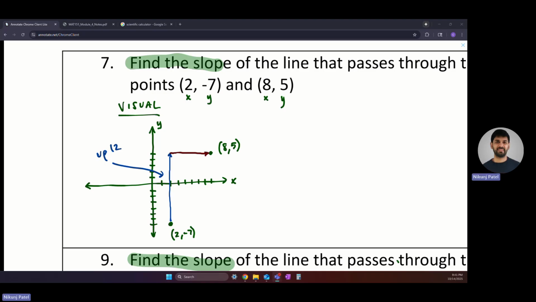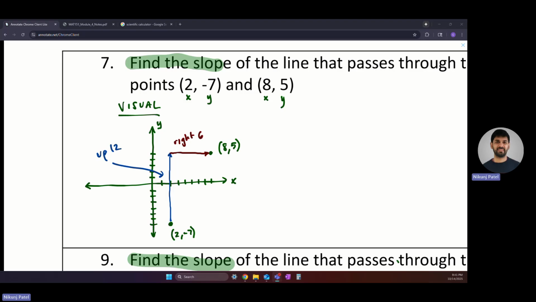And then we go over. And we determine how far over did we go from where we left off. So we went from 2 to 8. So this would be right 6. So we went up 12, right 6.